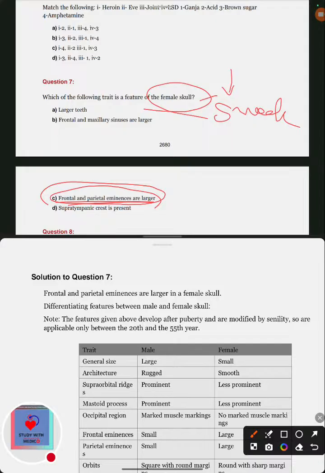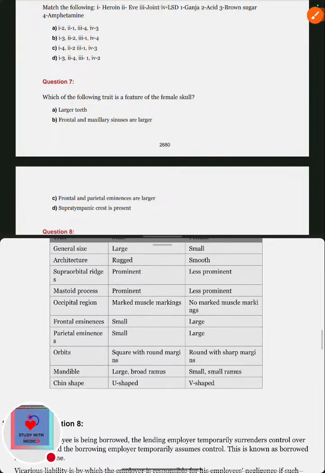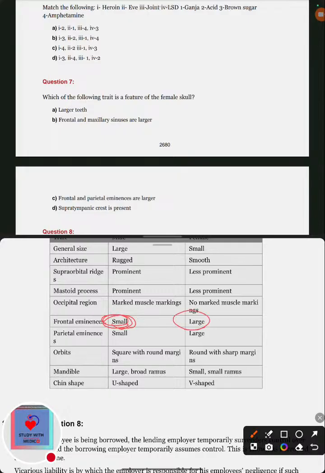Occipital region has marked muscle markings in male, none in female. Frontal eminences are small in males, large in females. Parietal eminences are also small in males and large in females.